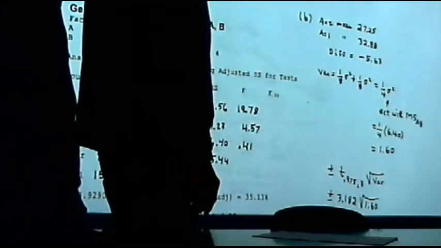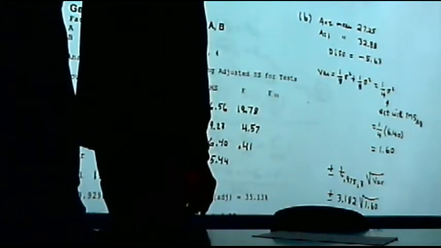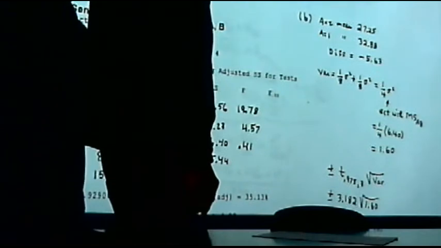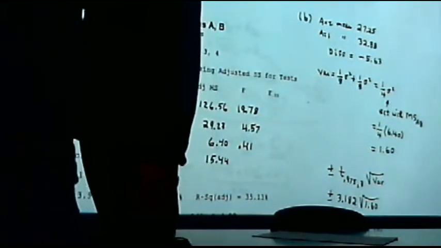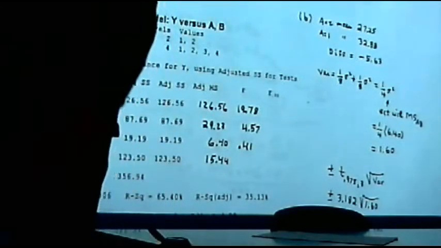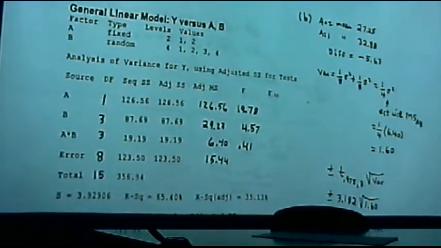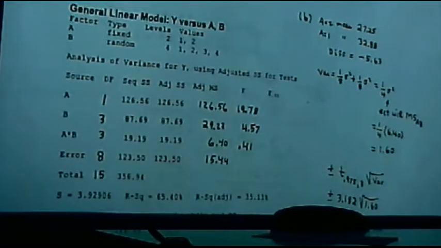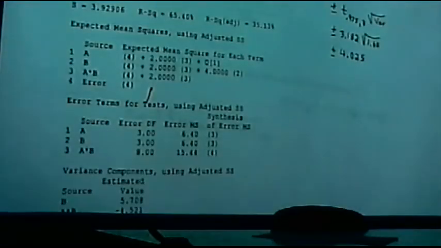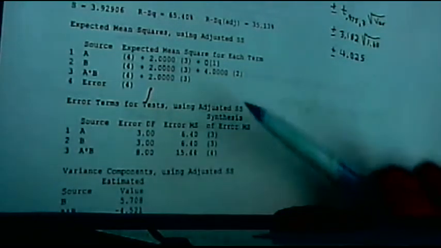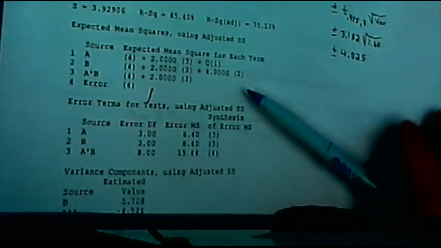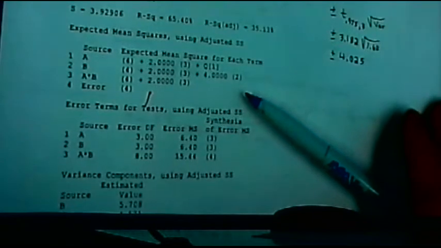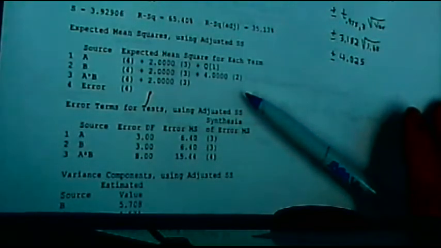And then we have to say, well, how do I find the F statistics? I've got to divide these mean squares by something. So look ahead to here to see what the proper denominator should be for this mixed model.